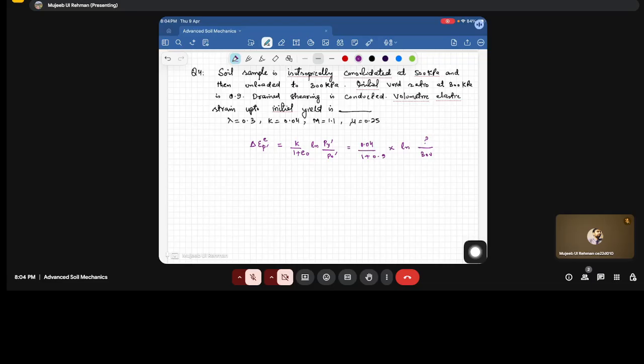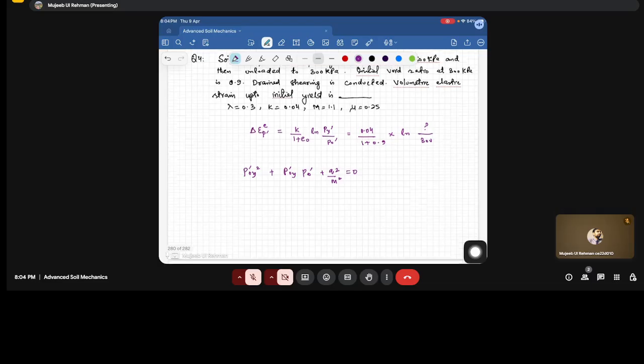So again, we will make use of the yield curve: P naught y dash square plus P naught dash y P naught dash plus Q square by M square is equal to 0. Fine. So same exercise.